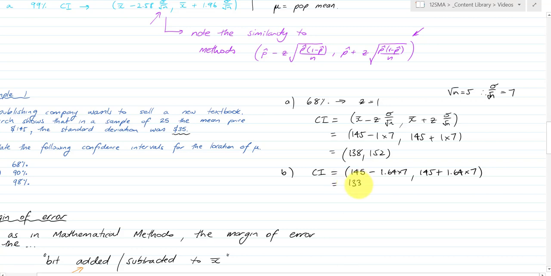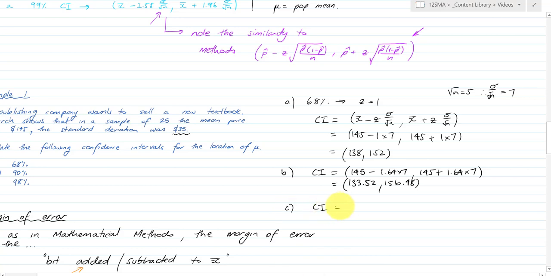You get 133.52, and then I just go back up and change that to a plus, and it gives me 156.48. And you can see my confidence level has gone from 68 to 90, but my range has widened. We need to have a wider range to be more confident. So that's all right, and our range for 98 should widen as well.